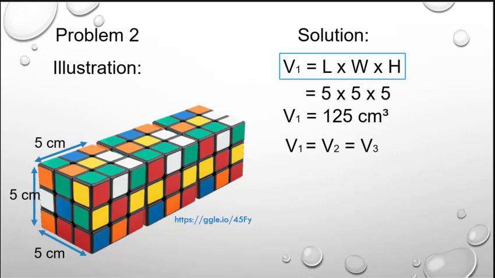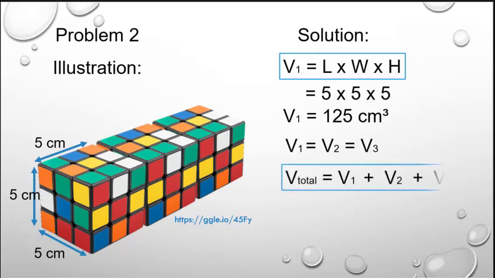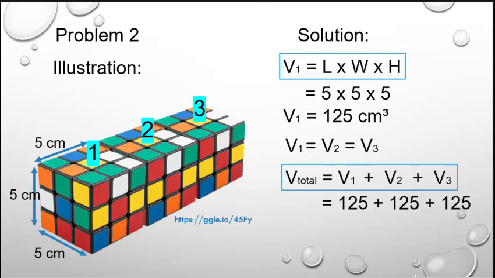Therefore, to get the total volume of the 3 Rubik's Cubes, we add the volume of the first, second, and third Rubik's Cube, which is 125 plus 125 plus 125. So the total volume is 375 cubic centimeters.